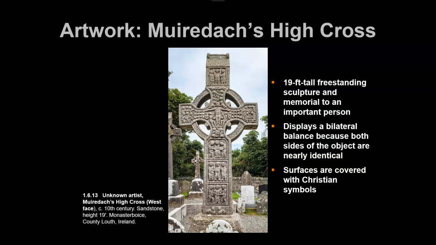Symmetrical balance creates that. It's safe, it's predictable, there's no surprises. Because of that predictability and stability, it's a great piece to communicate and talk about religion. So the image of the cross ties very well to this type of balance.